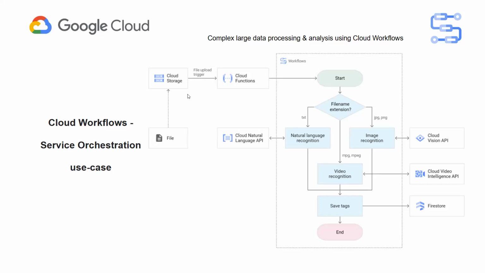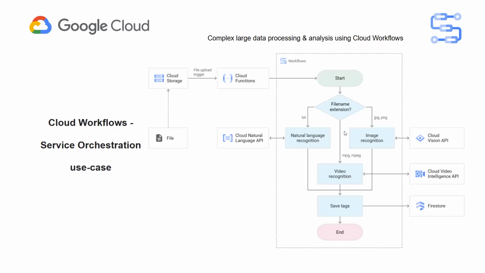If a file is detected, a cloud workflow starts performing a series of steps to analyze and process the file. The first step in the workflow is to determine the file type.